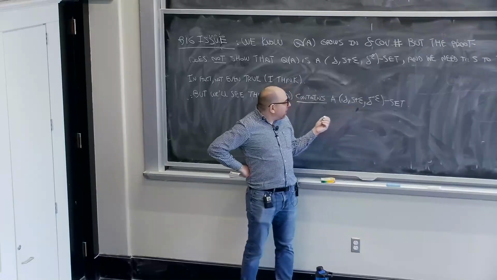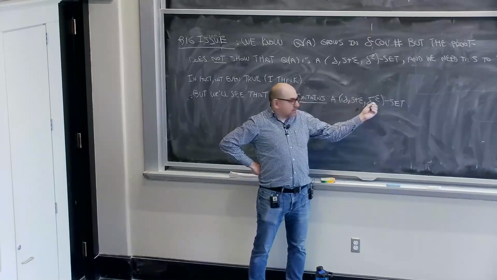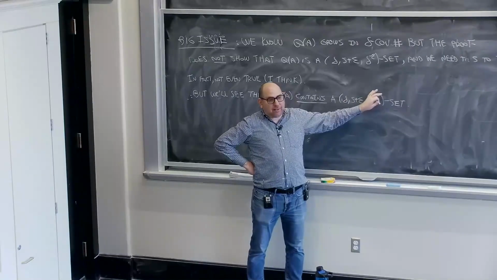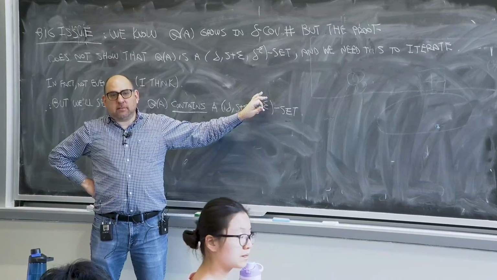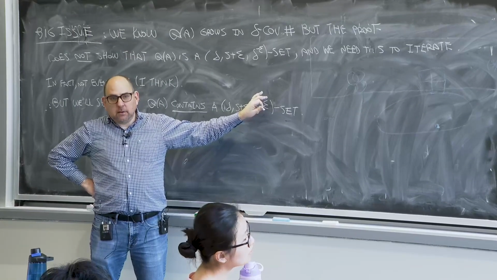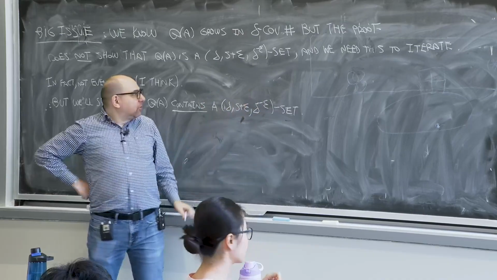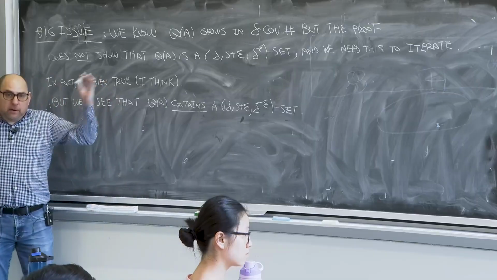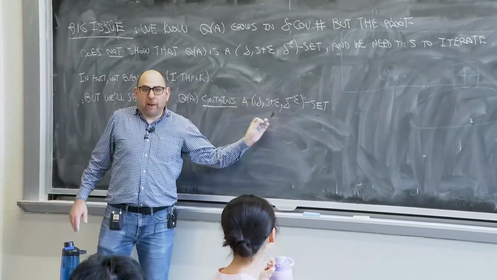Something maybe I should have said, but I didn't, is that a delta T C set has size at least delta to the minus T, because you apply the definition of delta T C set at scale delta. This is something I should have mentioned. I will try to remember to mention it next time. So this set that is contained actually has already size bigger than the size of A. But in addition to having larger size, it has good spacing.